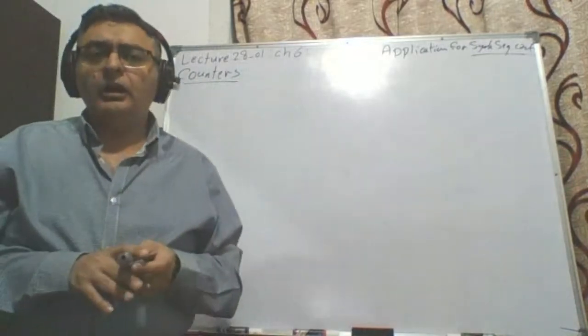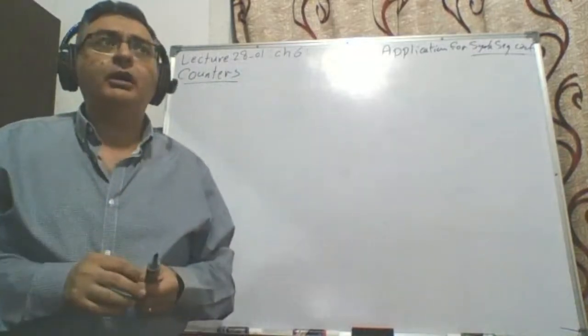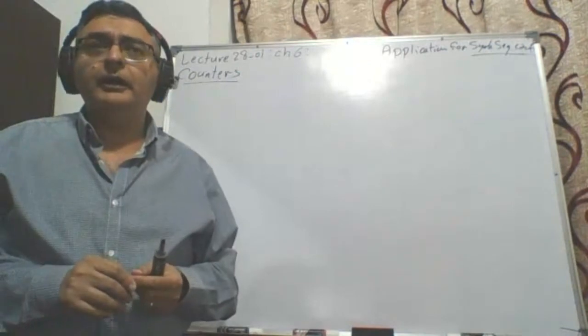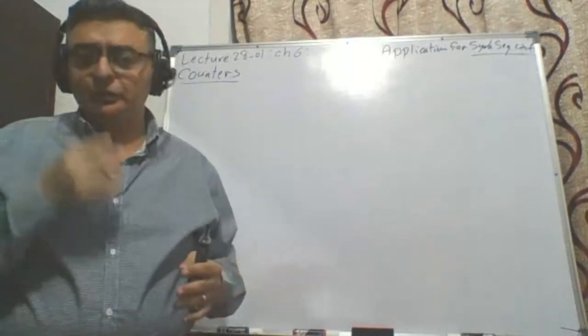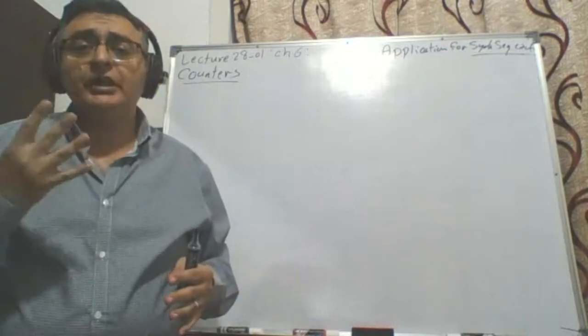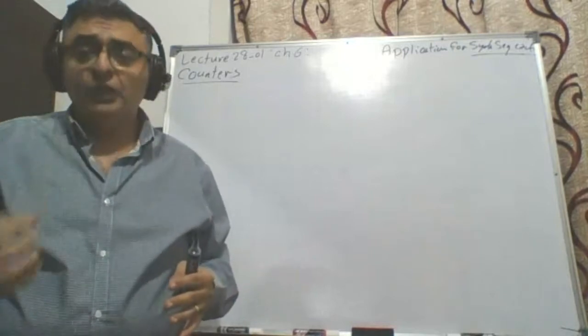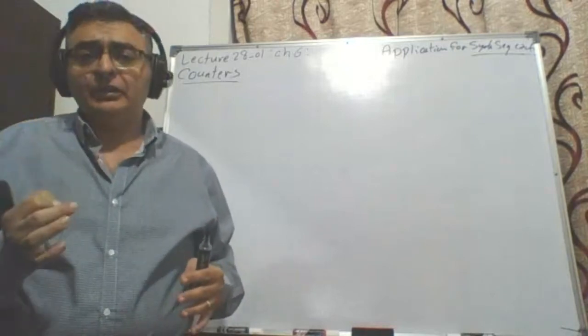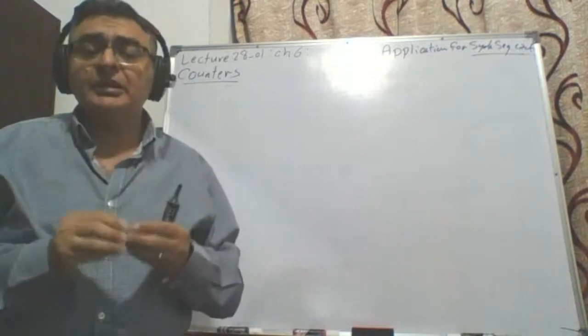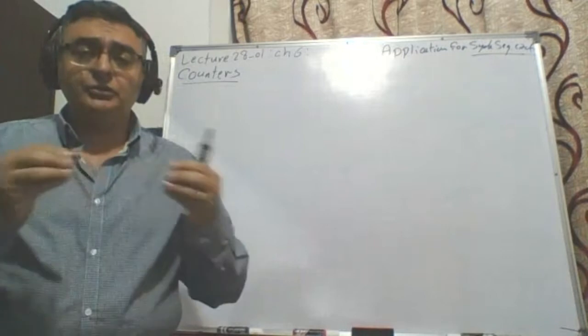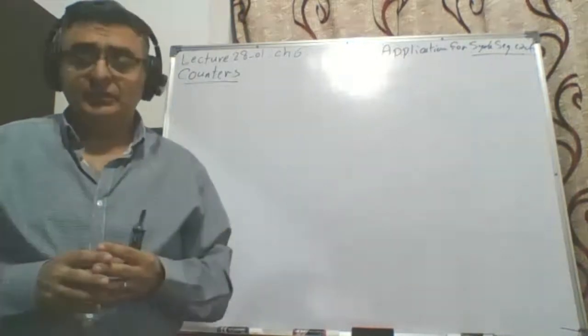Counters are classified or defined or characterized by 4 factors. If you understand those factors very well, if you answer the 4 questions about the counter, that means the counter circuit will be very easy.